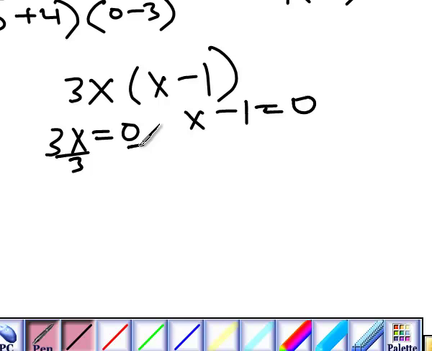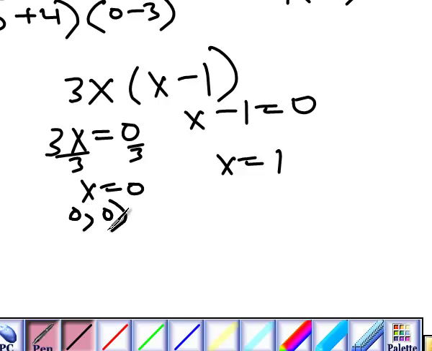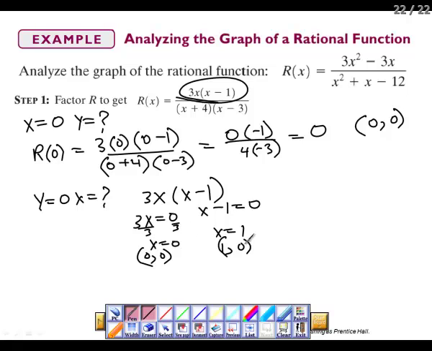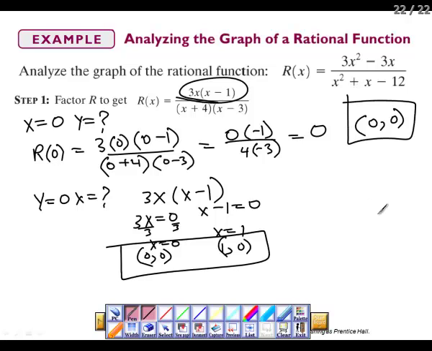Divide by 3 here, we get x equals 0, x equals 1. So that would be 0, 0, and 1, 0 for our x and our y. So these are our x-intercepts. This is our y-intercept.